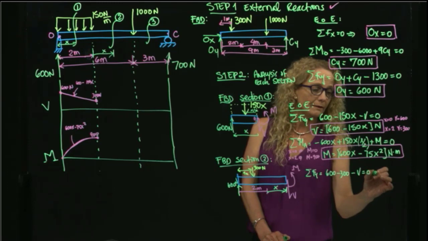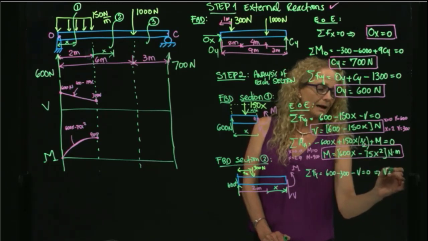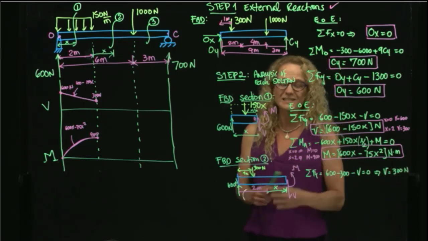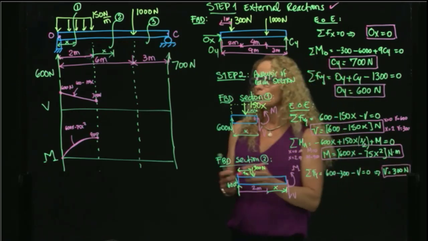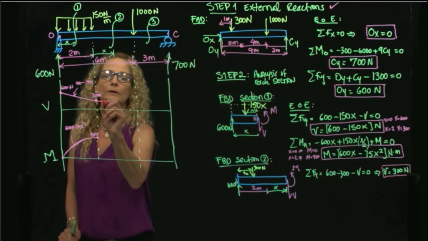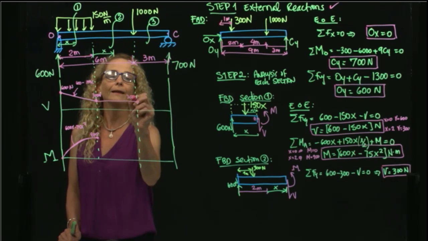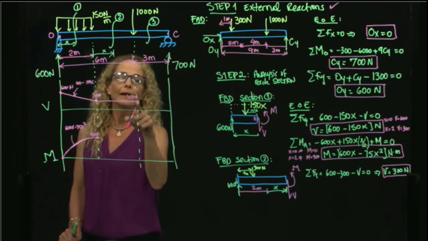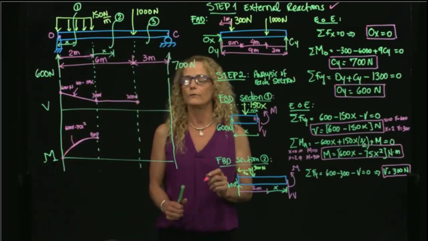So what I see here is that V remains 300 for the whole section. If I draw that, it's a constant, and I start and end my section with the same magnitude of the shear force.